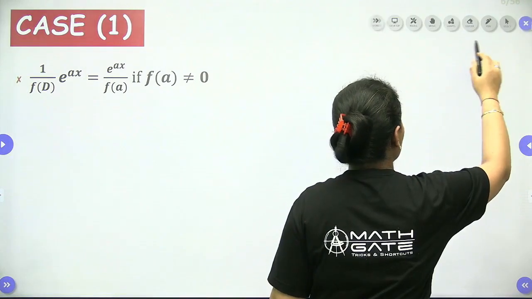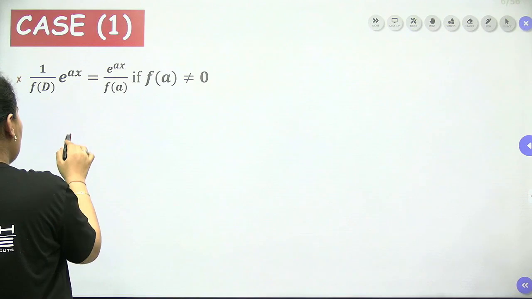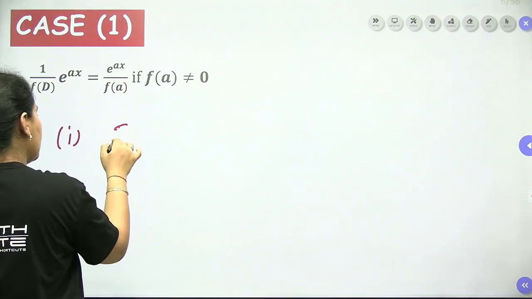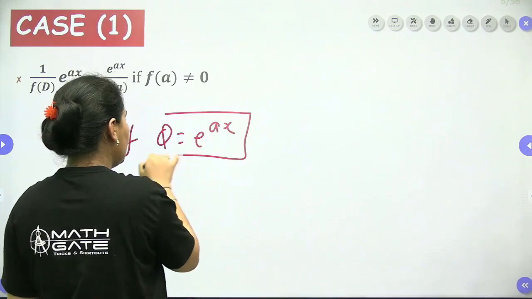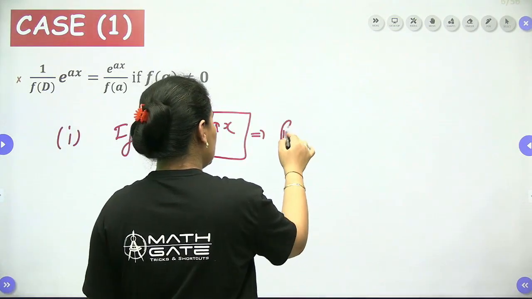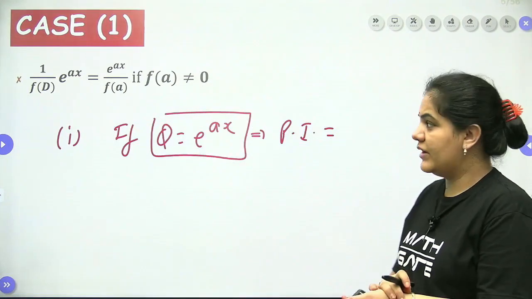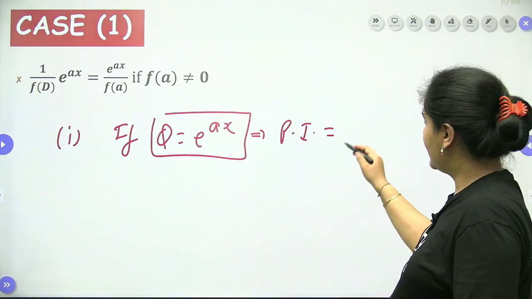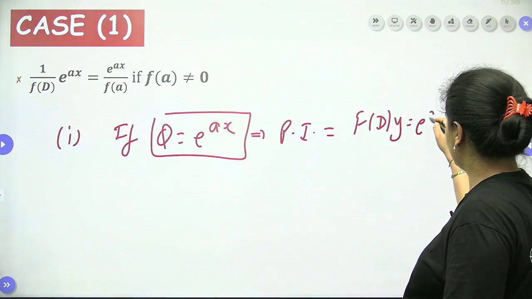If your Q is equal to e to the power ax, then we have to find the PI. In that case, how will we find the PI? Let's have a discussion. In that particular case, f(D)y equals e to the power ax.